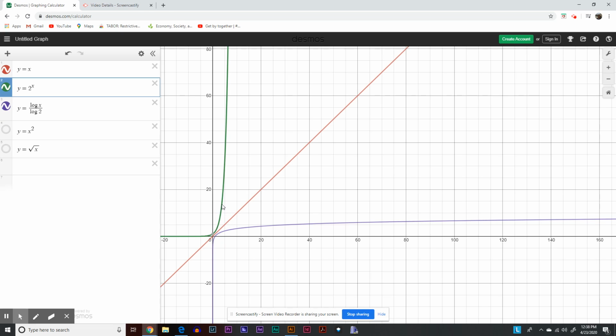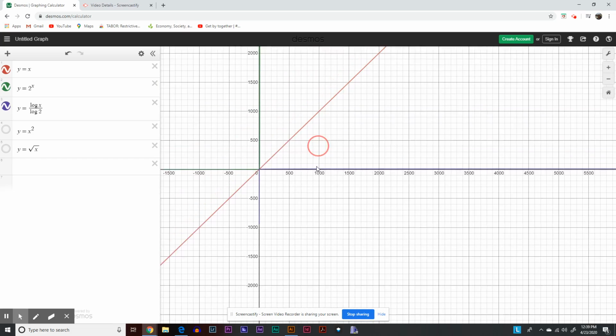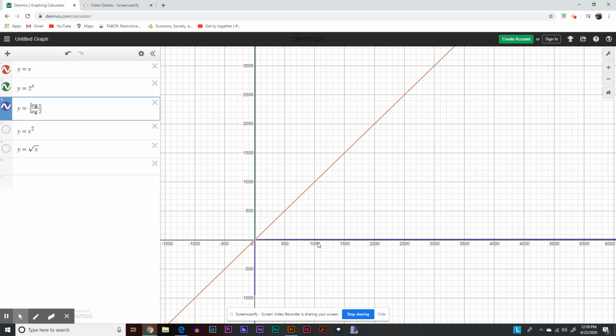And we know that this exponential function in green, even though it looks like it just shoots straight up and goes off the table and it might not go all the way over this way, we know that it actually does, right? If we were to keep zooming out, then that line will actually keep going this way.